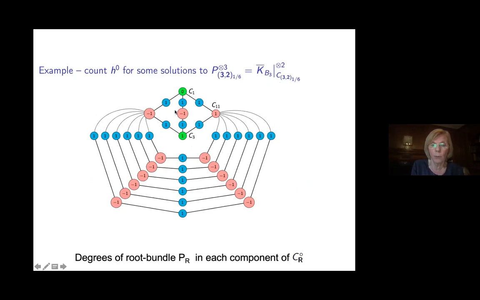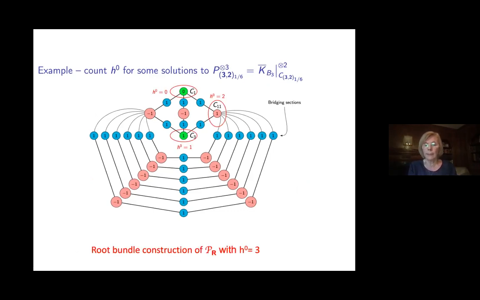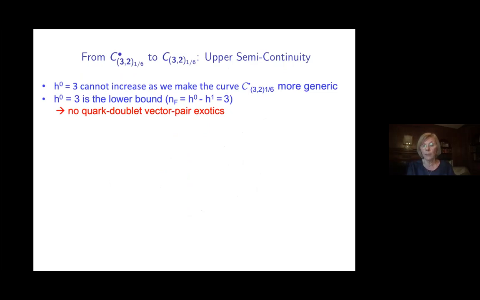Those are all the components, and we see the degrees of the root bundle R. We have to add this up. We correspondingly find in detail from each component what is the total number of H0. So the total number of global sections indeed constructs for us now this root bundle with H0 equal 3.